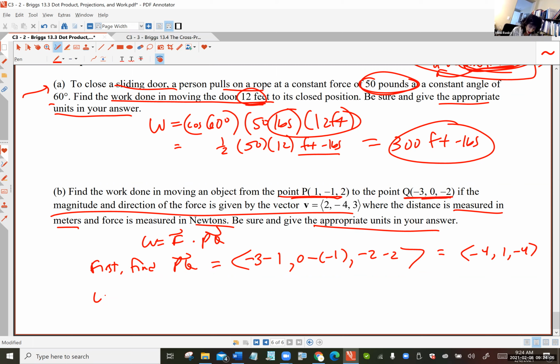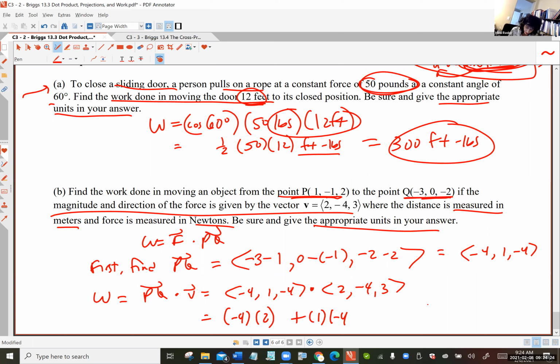And so your work is simply going to be PQ dotted with V. So what's -4, 1, -4 dot product with this V vector they gave us in component form? You just do all the arithmetic here, and I get -24. Can work be negative? Oh yeah. Work can be positive, negative, or 0.